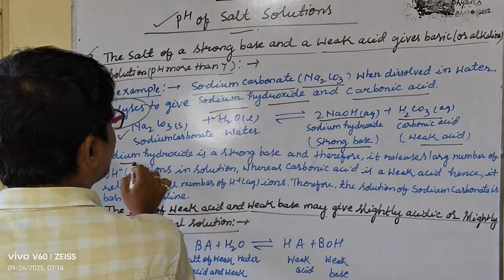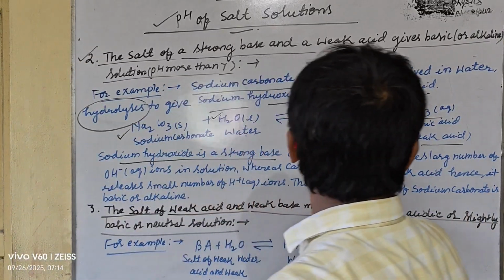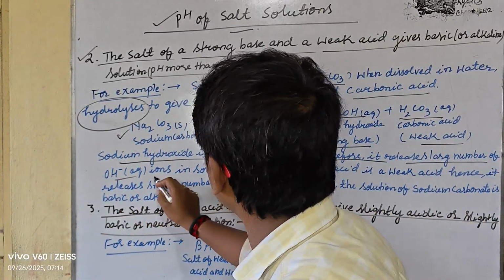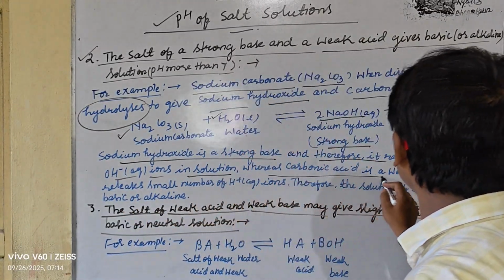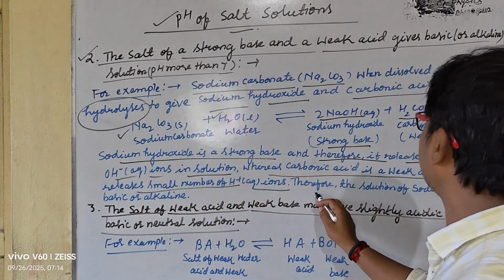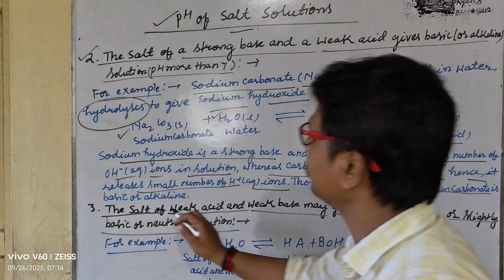Sodium hydroxide is a strong base and therefore it releases a large number of OH minus ions in solution, whereas carbonic acid is a weak acid and it releases a small number of H plus ions, therefore the solution of sodium carbonate is basic or alkaline.